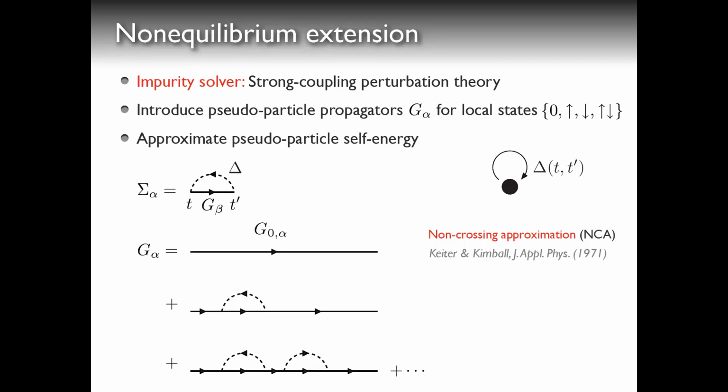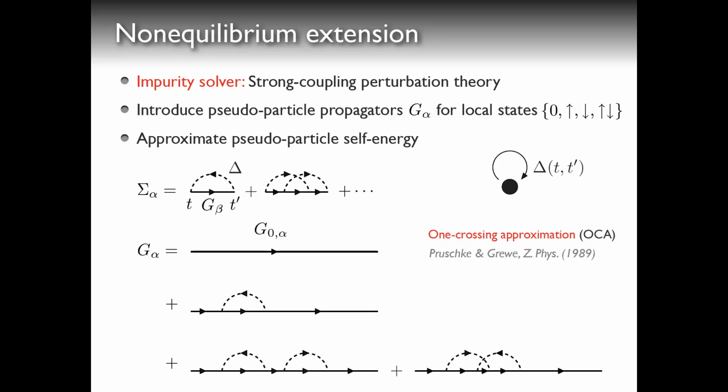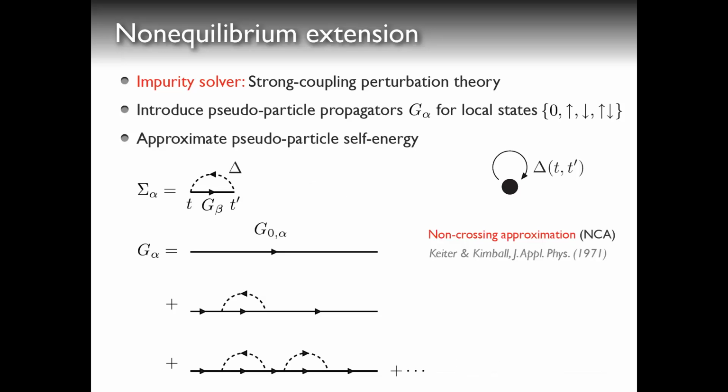The self-energy for these pseudoparticle Green's functions, at the lowest order, looks like this, a product of a hybridization function and the pseudoparticle Green's function. That's the lowest order. If we plug this into the pseudoparticle Dyson equation, we can generate the subset of hybridization expansion diagrams which do not involve any crossing hybridization lines.